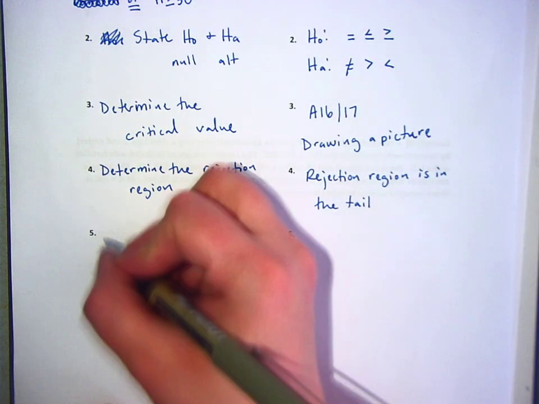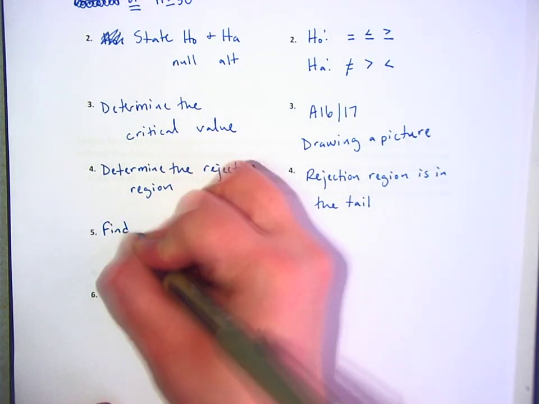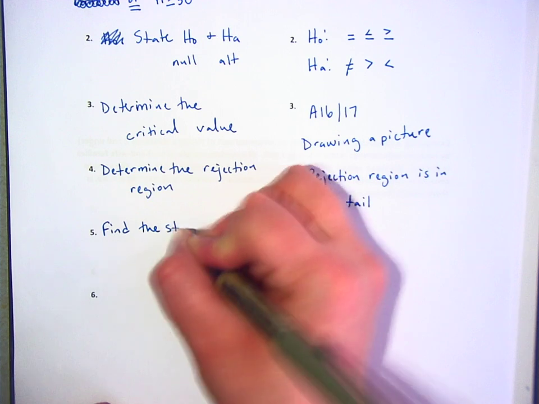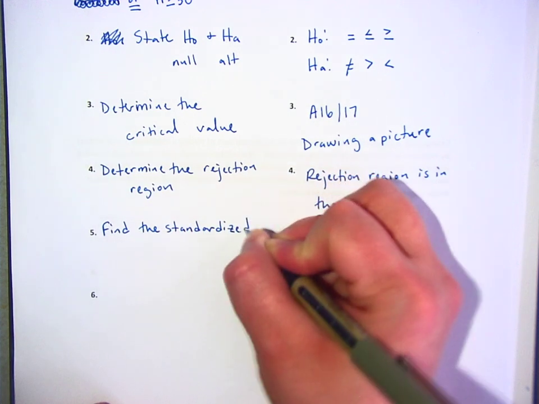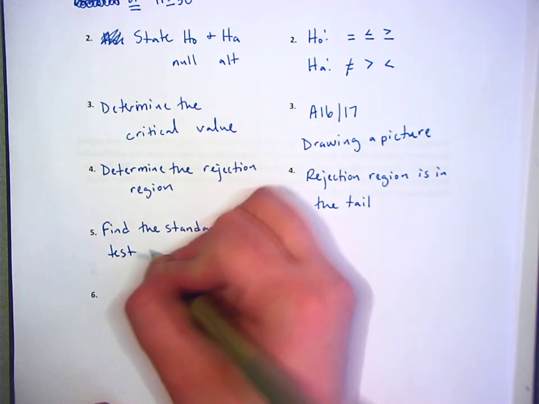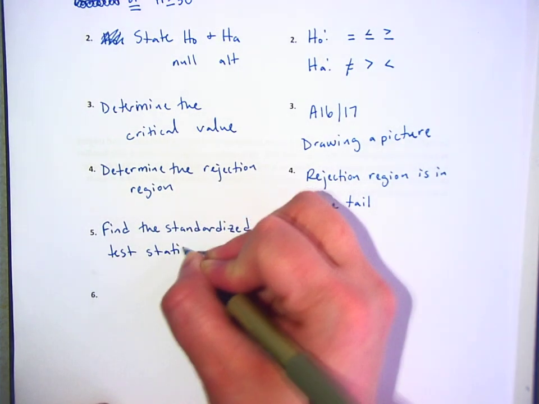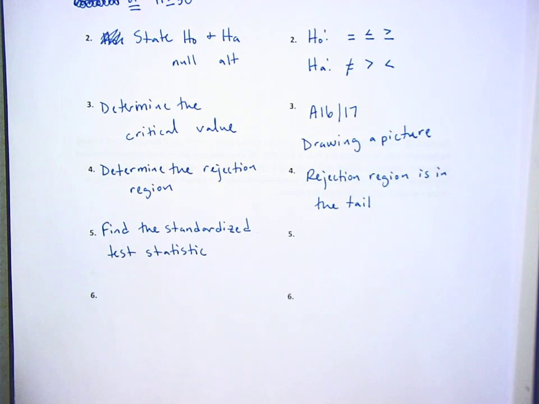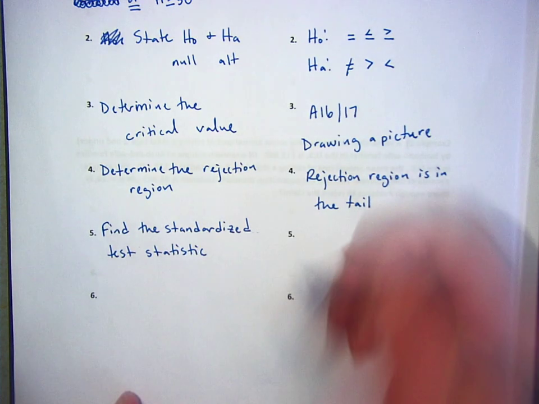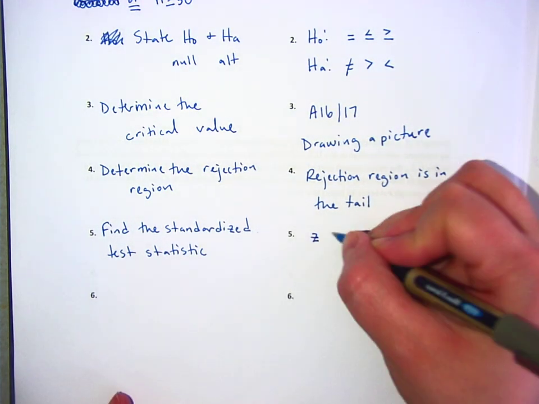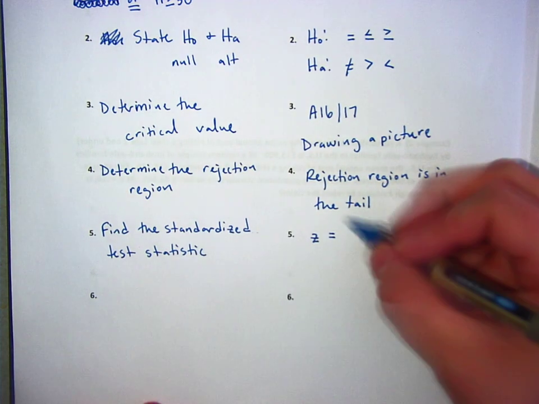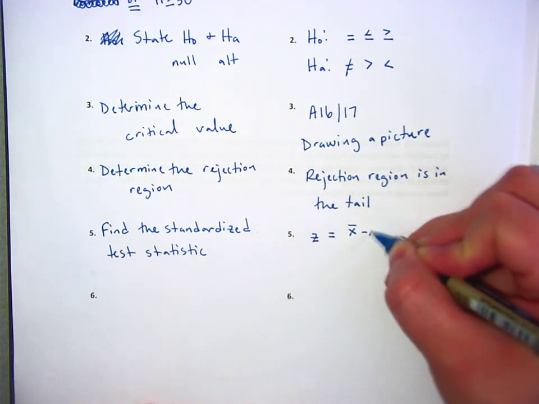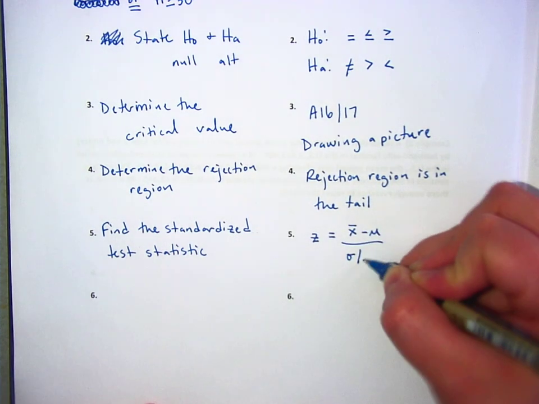Okay, next you find the standardized test statistic, which is another word for z-score, but I'm writing it out so that you don't get thrown by it. Remember the x minus mu over sigma, only this time it's x bar minus mu over sigma divided by the square root of n.